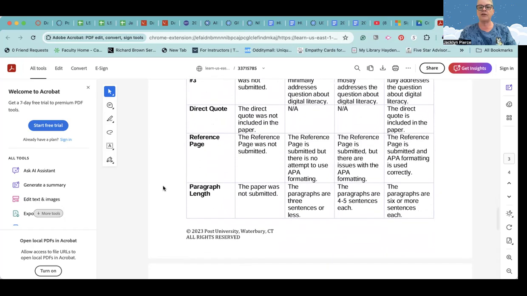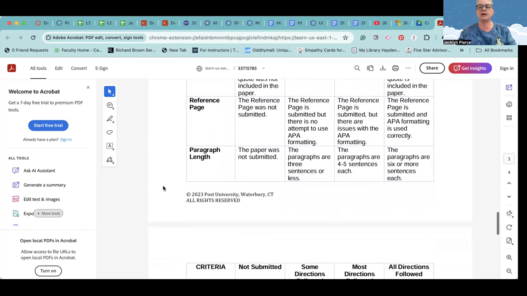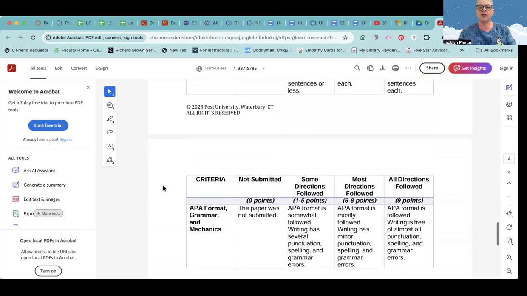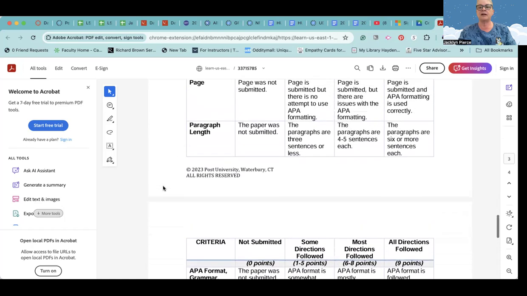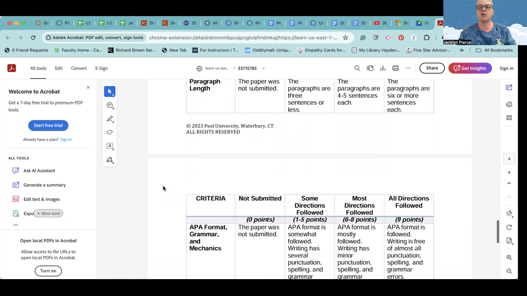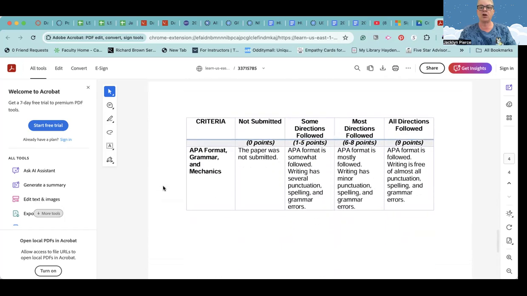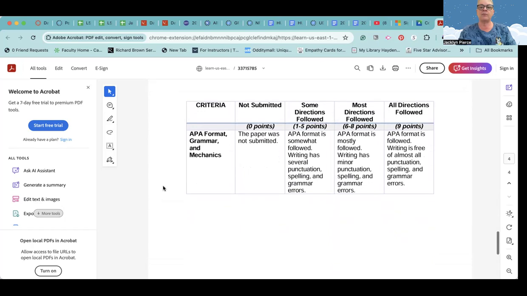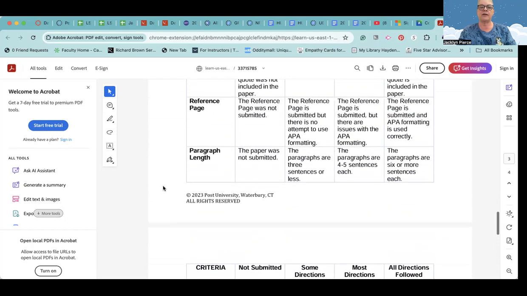So that's an all or nothing category. The reference page, is it there? Is it formatted properly? Are the paragraphs at least 6 sentences? If not, unfortunately, that means you lose points. So make sure that you're following all of the rules and regulations. And then, of course, APA format, grammar and mechanics, the citations, all that good stuff.